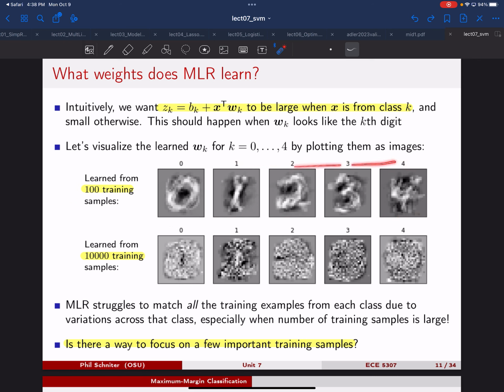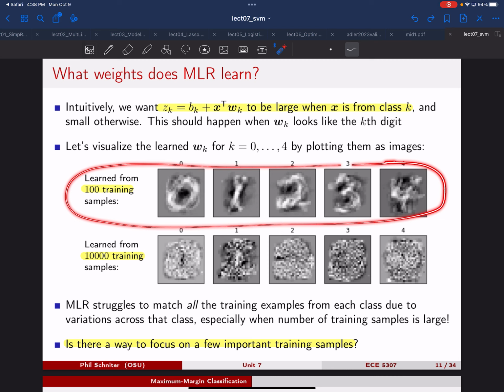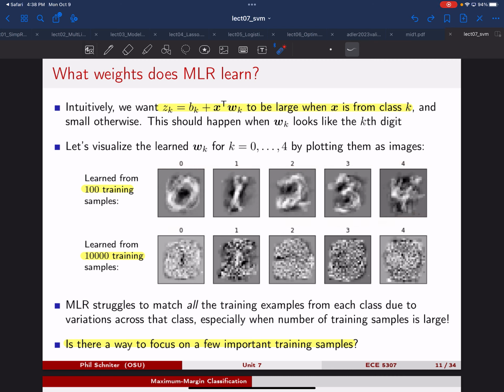In fact, I'm almost positive this 100 samples did worse than 90%. What we're really trying to do here is notice a trend and inspire an idea, rather than saying the right thing to do is only use 100, because actually this is going to be worse in terms of average accuracy than this. We're just noticing what happens to the weights.